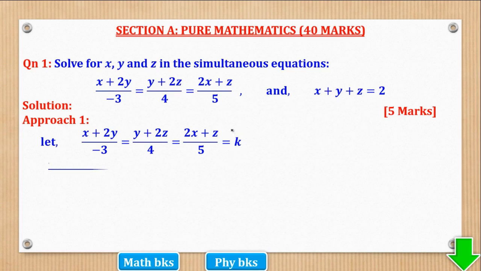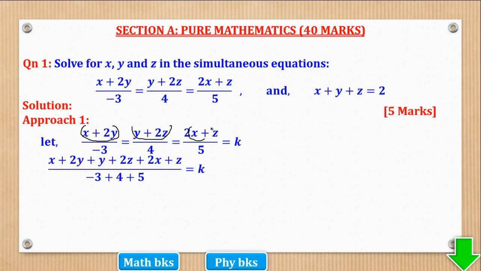After letting, you shall use the rule which you are taught: you get the sum of all the numerators, and you also get the sum of all the denominators to give you the new denominator.